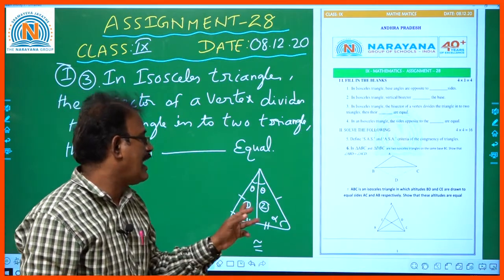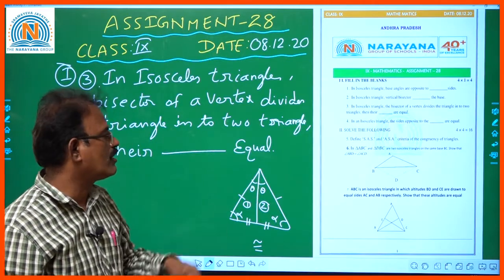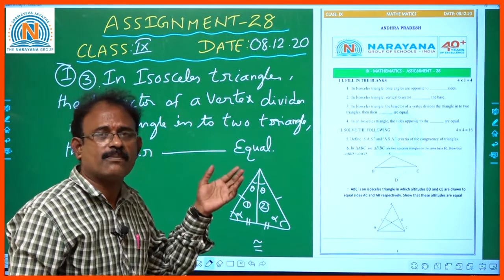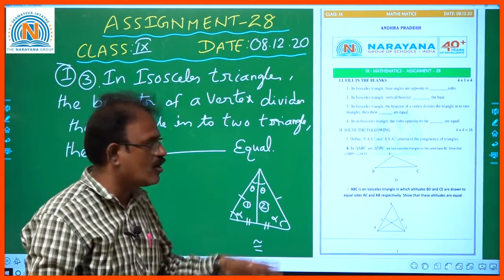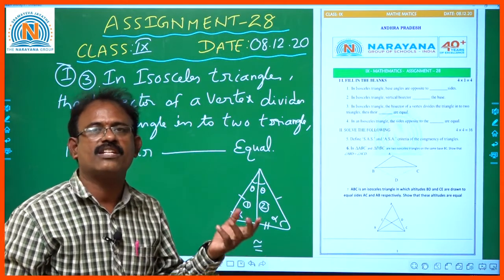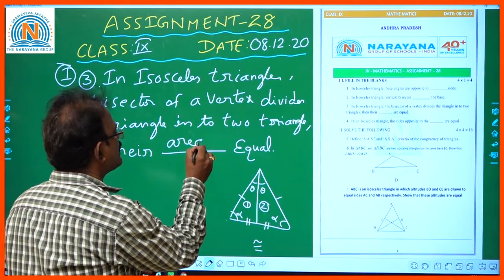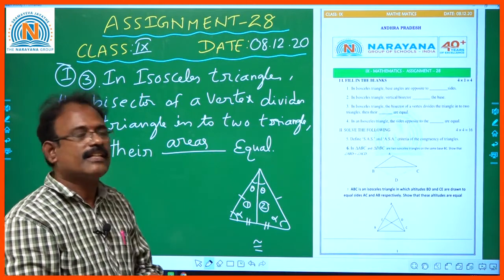As these two are congruent triangles, their corresponding sides are equal, corresponding angles are equal. When two triangles are congruent, they have the same shape and same size, therefore their areas are equal.